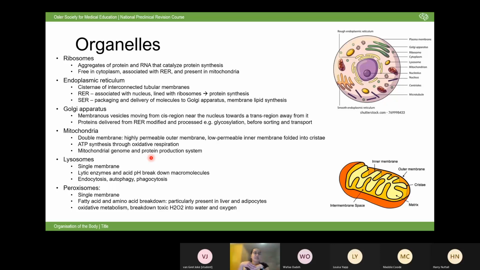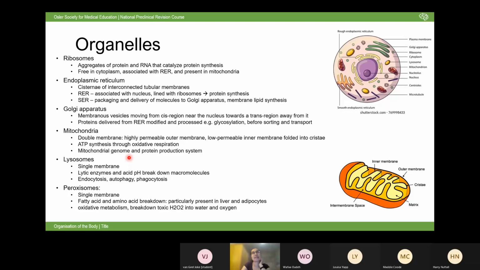But the differences between them are essentially what they break down and how they break it down. And so lysosomes are found in all cells, and they contain lytic enzymes and an acid pH.